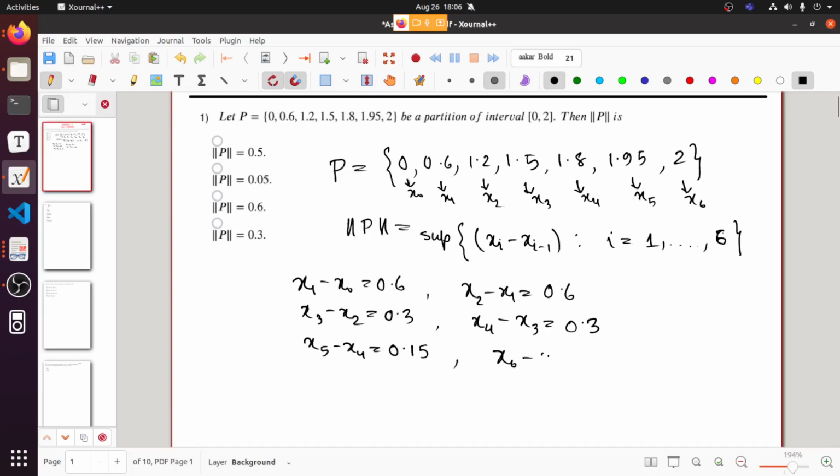And x6 minus x5, what is it? It is 0.05, right? Yes, it's 0.05.